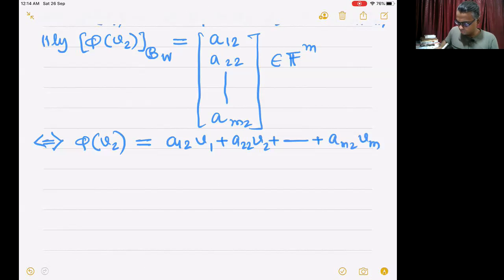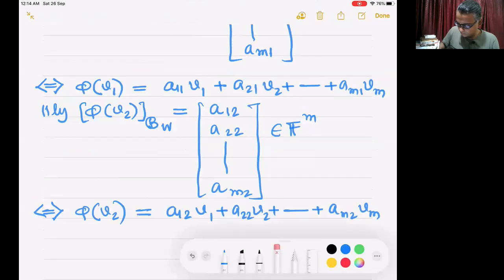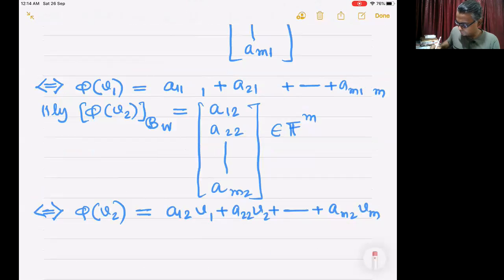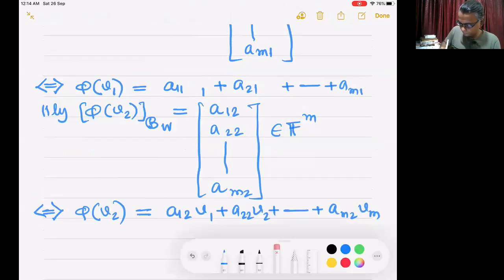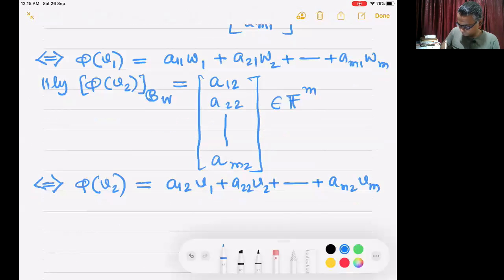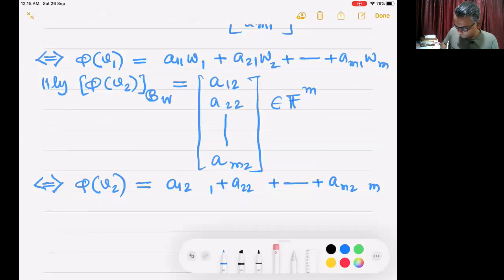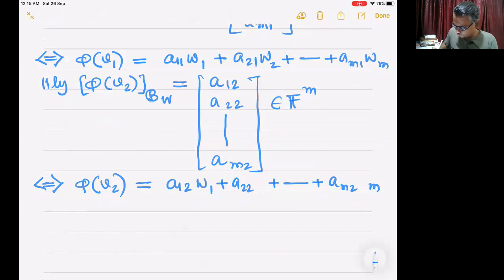Oh, sorry, I made a terrible mistake. These vectors are W1, W2, Wm. These vectors are in W, right? Sorry, my bad.